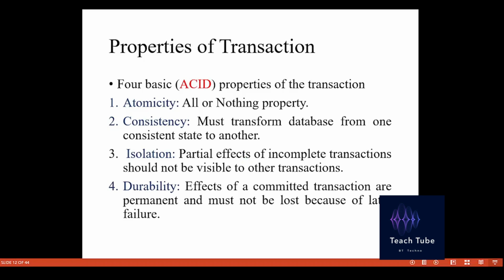This property is called the isolation property. The fourth one is the durability property. The effects of committed transactions are permanent and must not be lost because of later failure when updates are executed in a transaction. So this update must be a permanent update in a database file or in a database table.